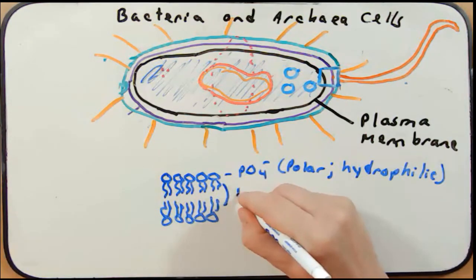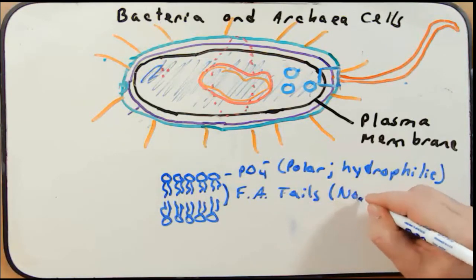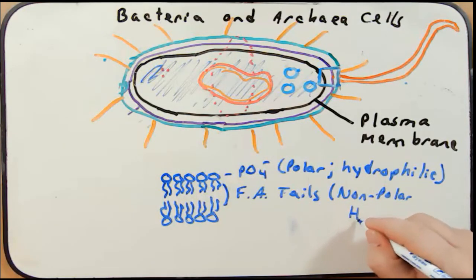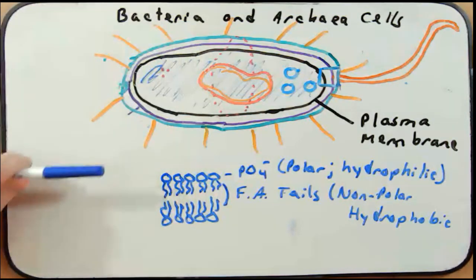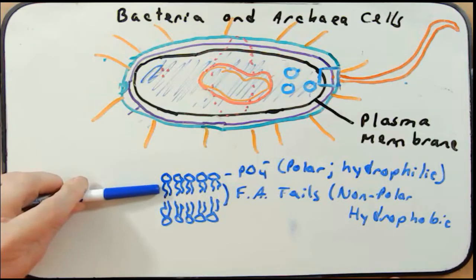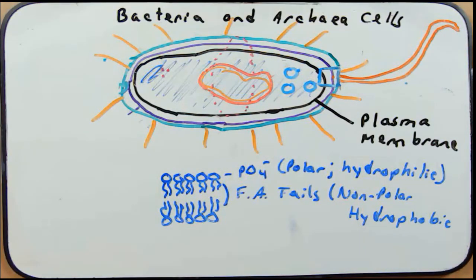And then these fatty acid tails here, which are nonpolar, we would call those hydrophobic, just as a bit of a review. What's different between bacteria and Archaea is in the way that they link up with the fatty acid tails. So I want to show you now just a couple images of what a bacterial phospholipid would look like compared to an Archaea phospholipid.